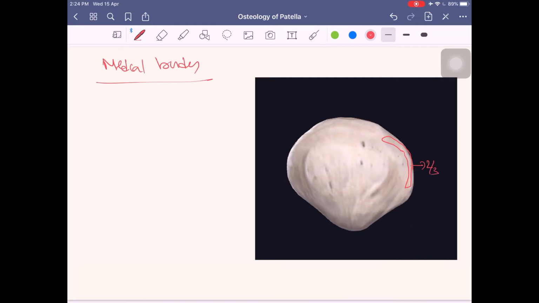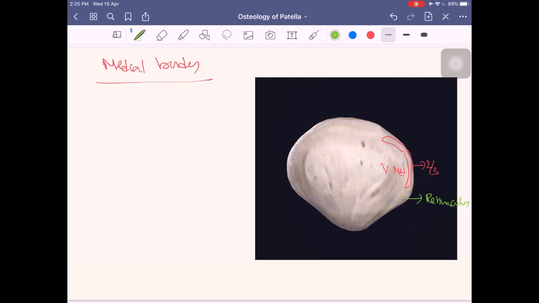So 2/3 of the muscle of vastus medialis is here, and then that's the remaining 1/3 of the border is to the retinaculum of vastus. So this is about here. So thereby you can say lateral and medial patellar retinaculum are the extensions or expansion of the tendon of vastus lateralis and vastus medialis on either side.